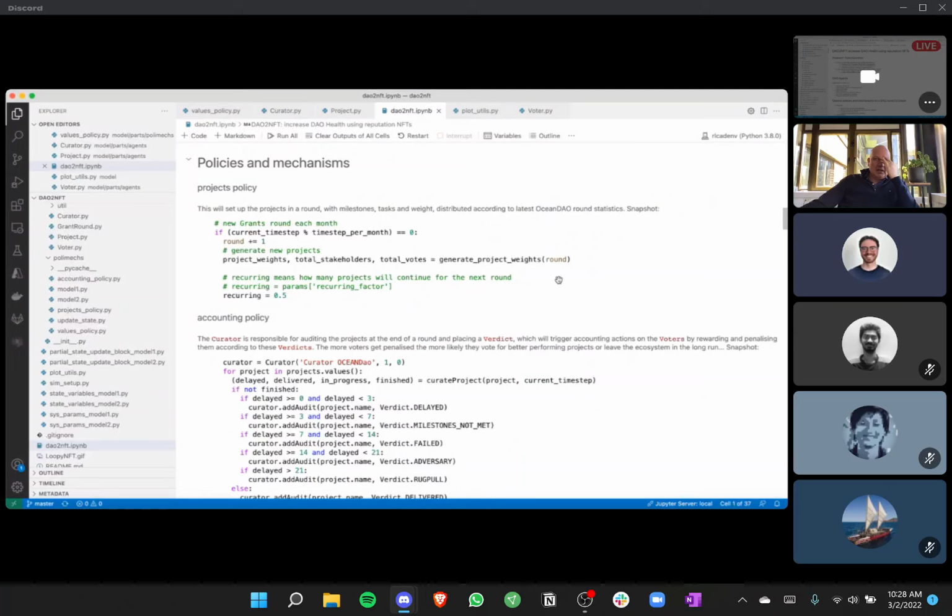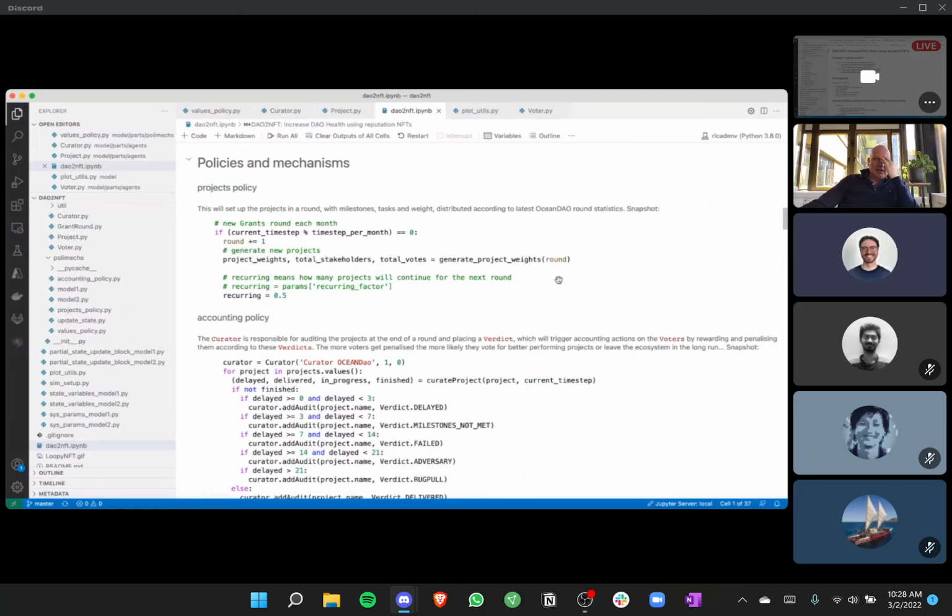This is some auditor function, which walks over all these projects and says this project is delayed, and this project didn't deliver at all. And we have various levels of verdicts, from just delayed to this project is clearly a rug pull. I think you can imagine what that means.